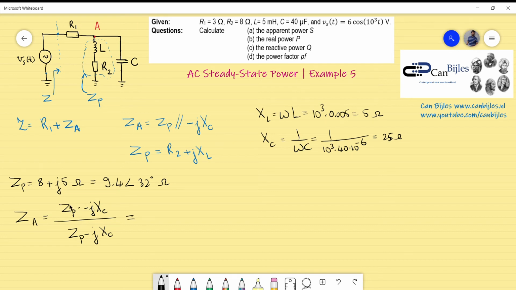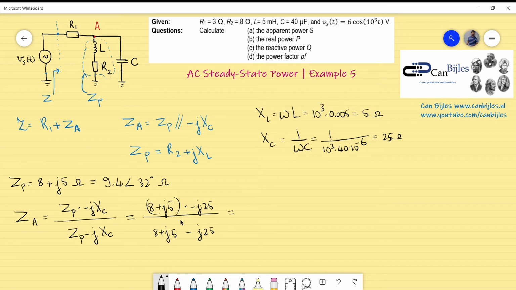I will substitute this here, and I will substitute the 25 times minus j. So I have the following: 8 plus j5 times minus j25 divided by 8 plus j5 minus j25.